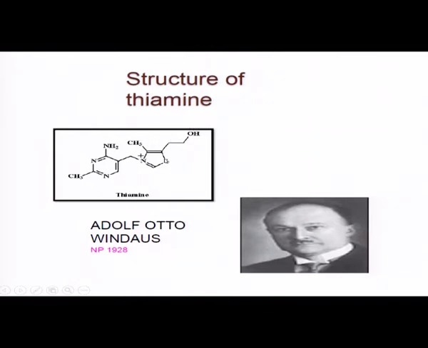Thio and azole: thio refers to sulfur and azo refers to nitrogen. So it is basically a two-component compound, a thiazole and a pyrimidine linked together. This particular structure was elucidated by Adolf Otto Windaus. That was in the earlier days; nowadays it is more straightforward.